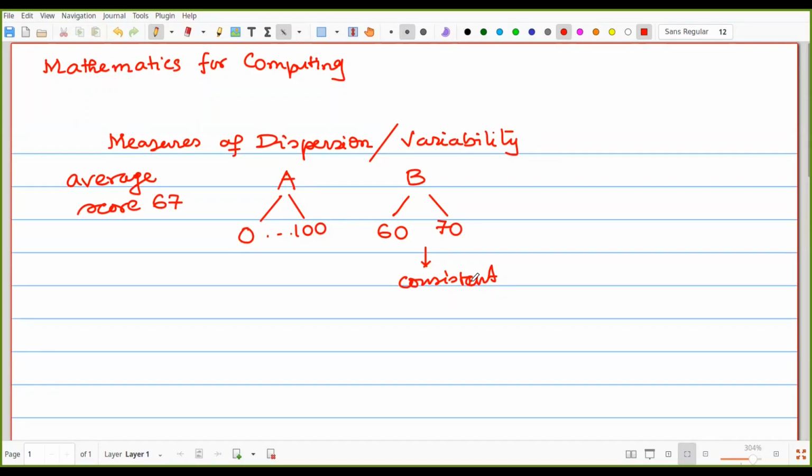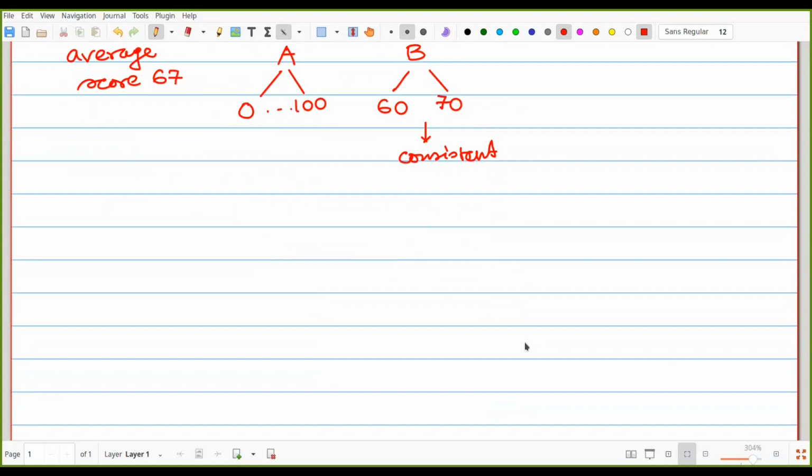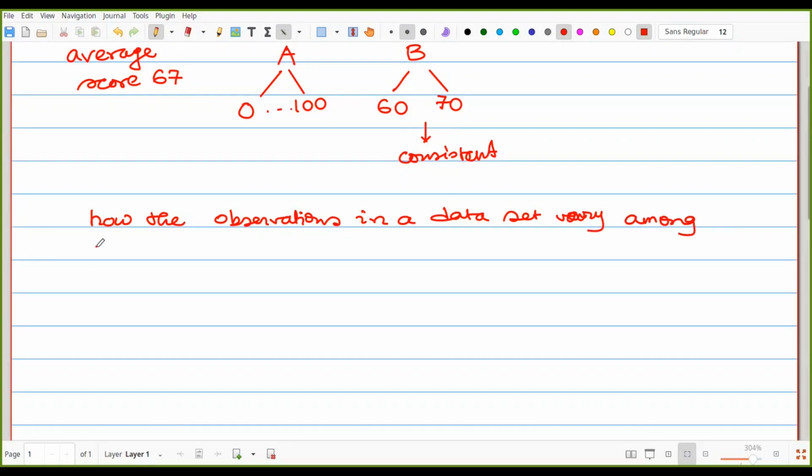Once again, what do we mean by dispersion? Practically, dispersion tells us how the observations in a data set vary among themselves.